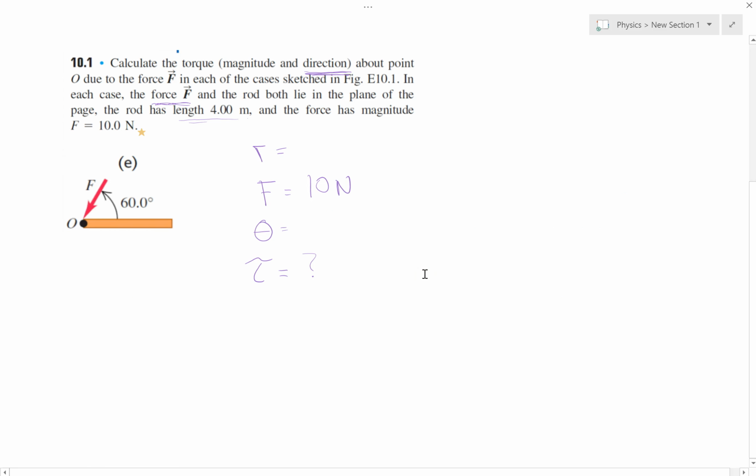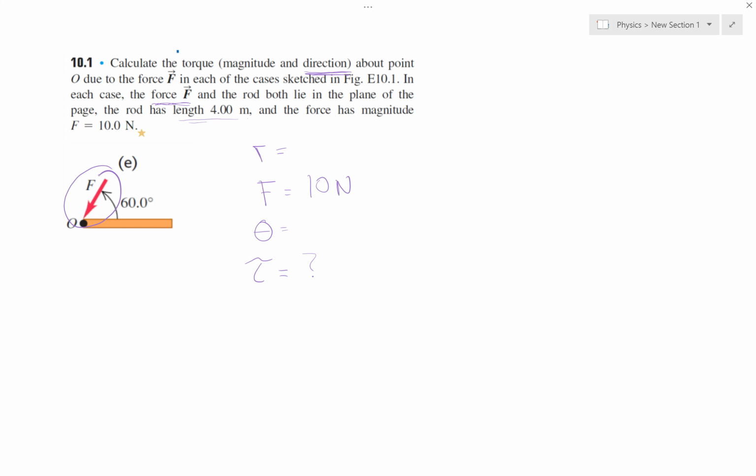Now, this is our second to last one, and this one and the next one are going to be very similar, so I'm going to leave them both up together as soon as we finish this one. This one is a little bit different than the ones we've seen, and the first thing we should notice is where that force is applied. It is pushing against the axis of rotation.